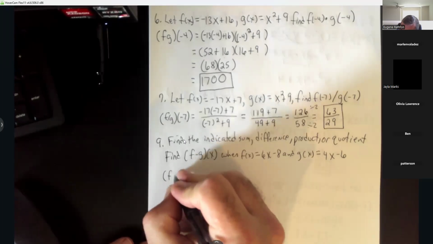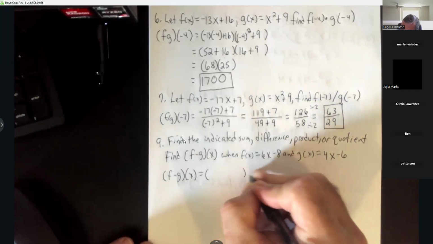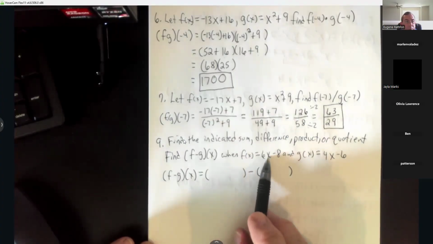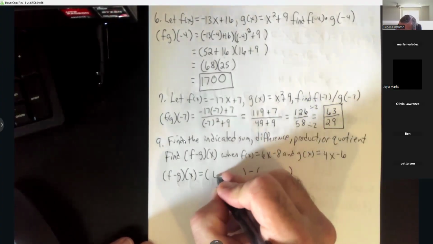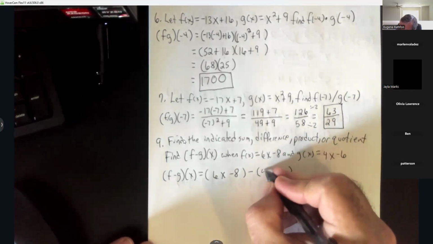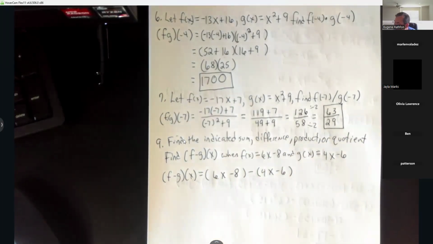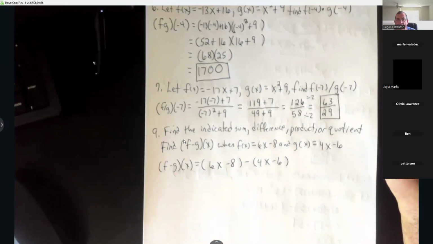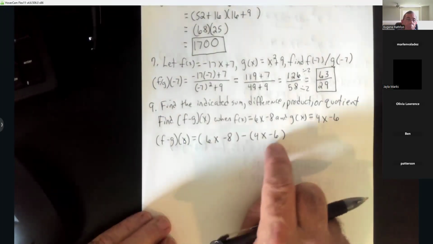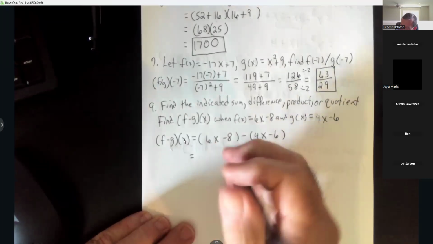So we got f minus g of x will equal our f minus our g. Let's put them in. F was 6x minus 8. G was 4x minus 6. Now, when you're subtracting, the biggest issue is to get these two terms right when we bring them out of those parentheses. The first parentheses always stays the same.